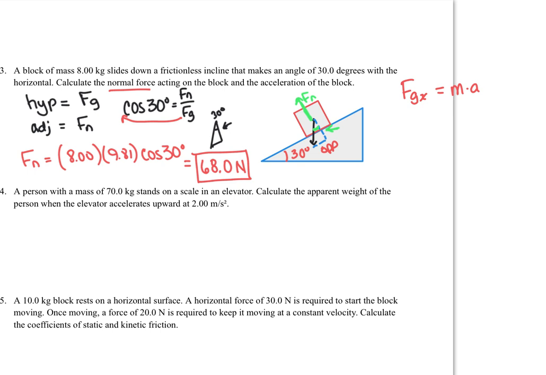All right. It's frictionless, so gravity is the only force acting on it. This is a frictionless incline at this point. So we're going to do exactly the same thing. We're going to say the opposite side should equal the force of gravity x over the force normal here.